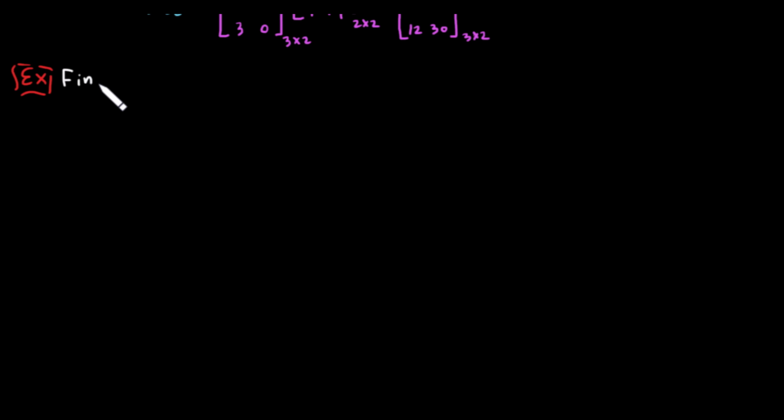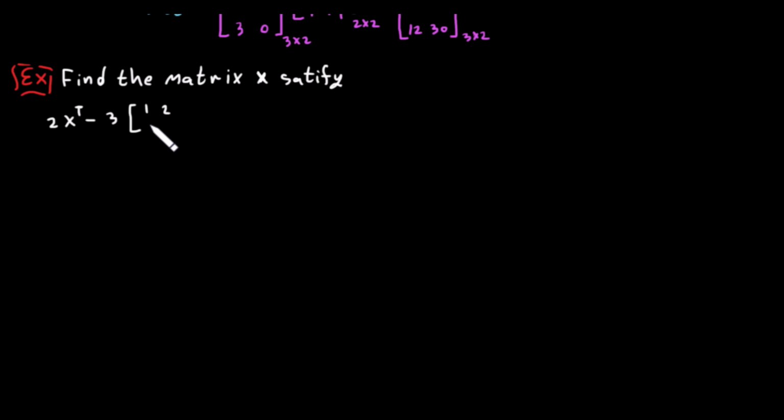Find the matrix X, this matrix X, and I will write it in bold, satisfying this: 2X transpose, minus [3, 1; 2, -1, 3], and the whole thing transpose, equal [4, 3; 2, -3].